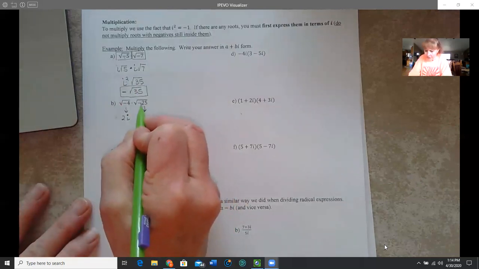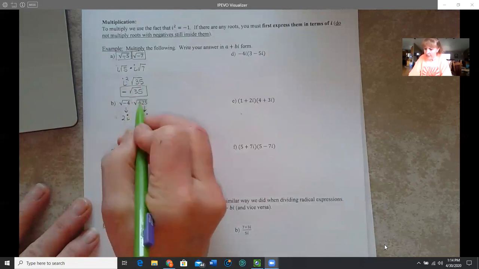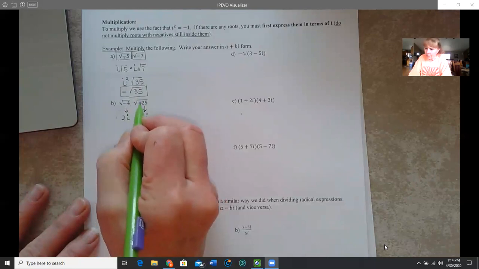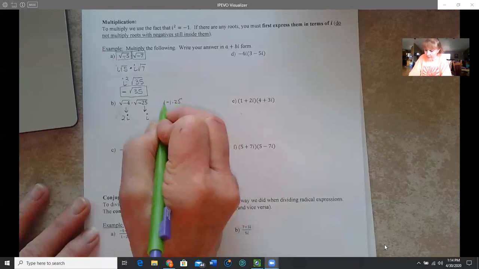Then we go to this one. The negative comes out as an i because this negative represents i squared. This is a -1 times 25, they mean the same thing.